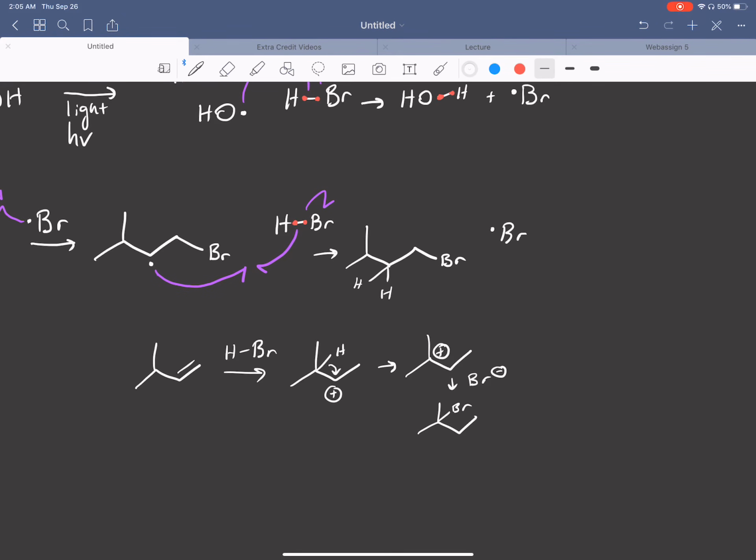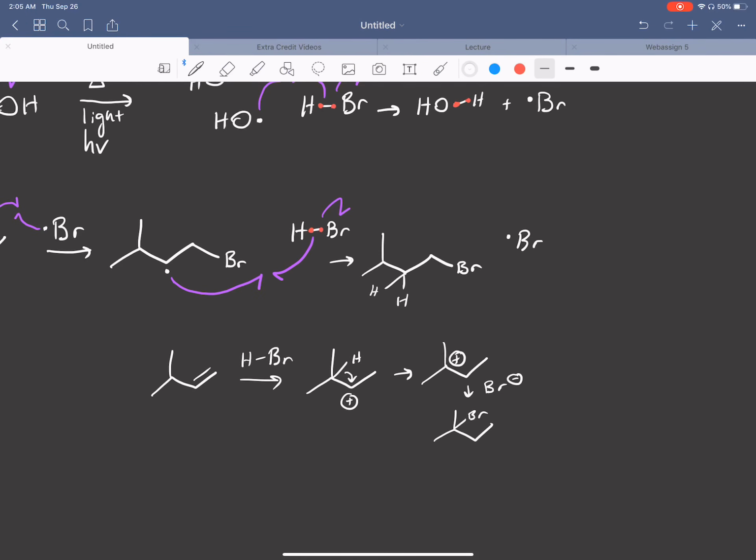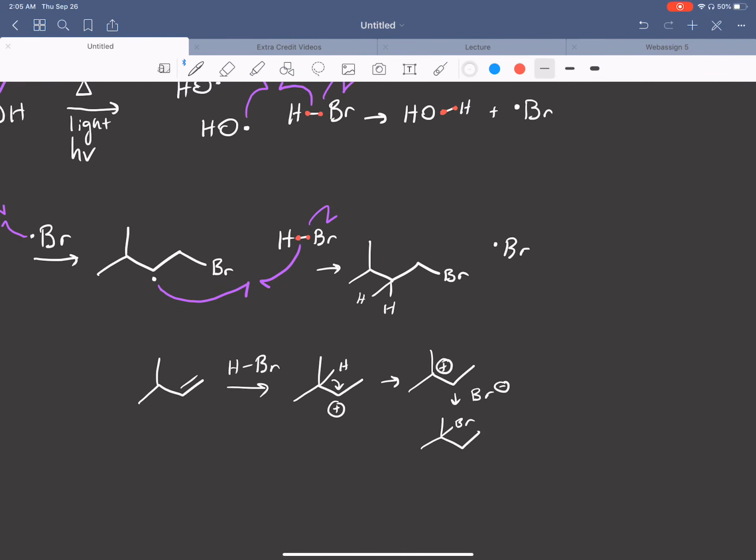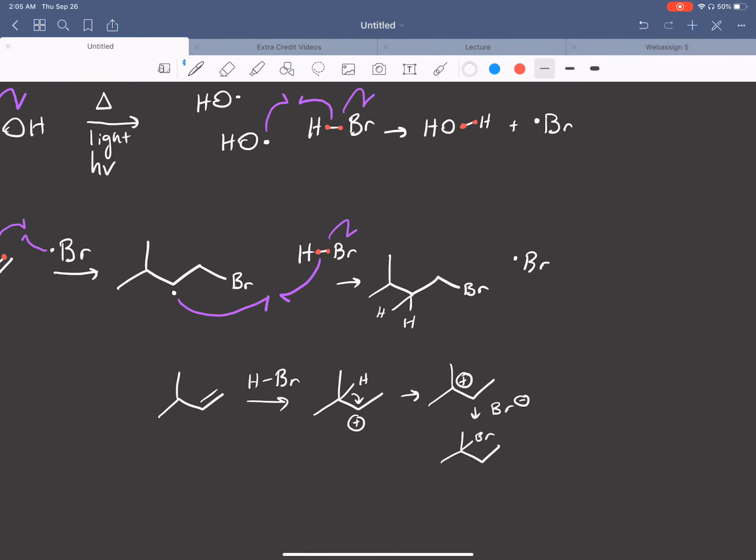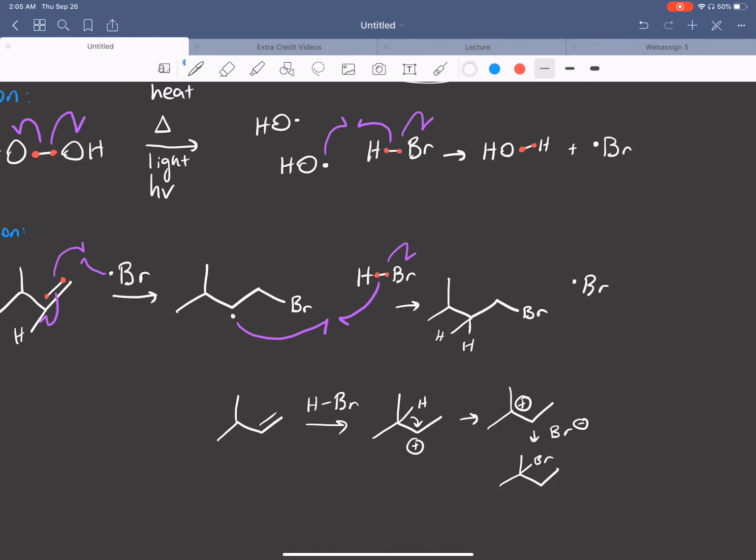So we added Br to the most substituted carbon. So in radicals, we've added them to the least substituted carbon, all right? So we didn't shift, we just flipped the least substituted part of our double bond, and we put the Br there. So that reaction was an anti-Markovnikov. Okay, anti-Markovnikov. And so that's with HBr.